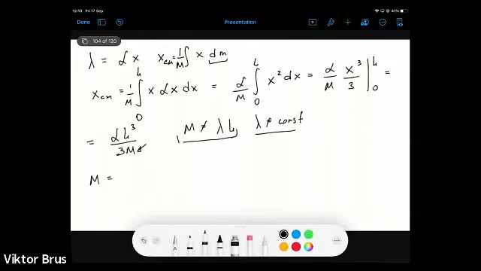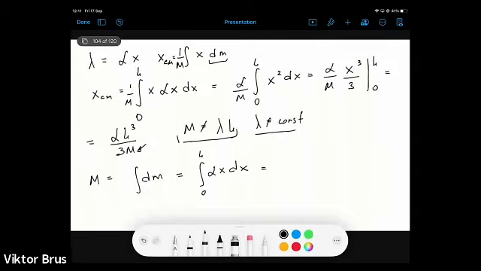So total mass will be equal to the integral of dm, some small element of this mass. Okay, here should not be these limits because we need to go from dm to dx. And that we do as alpha times x, which is our lambda, times dx. So now we can integrate from 0 to L.